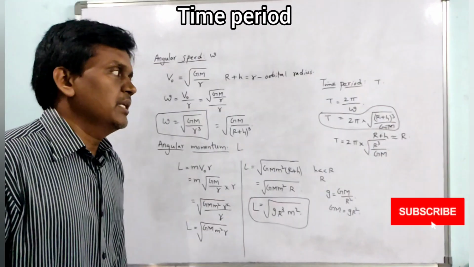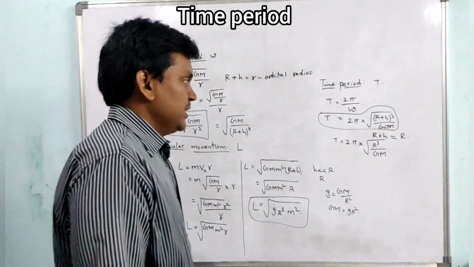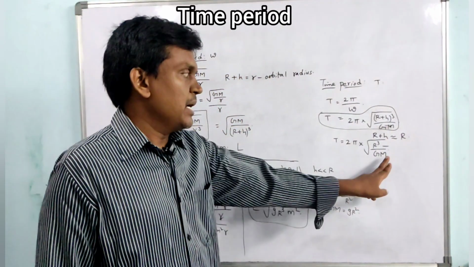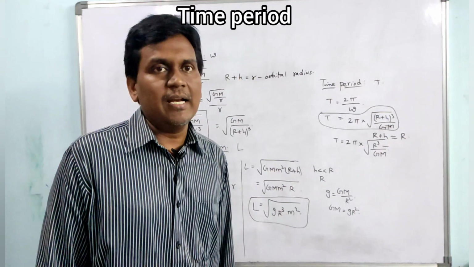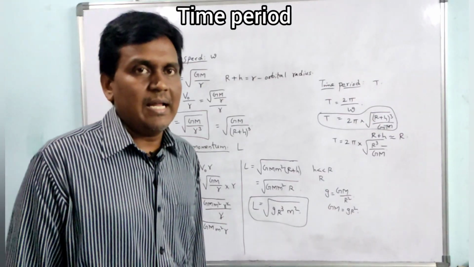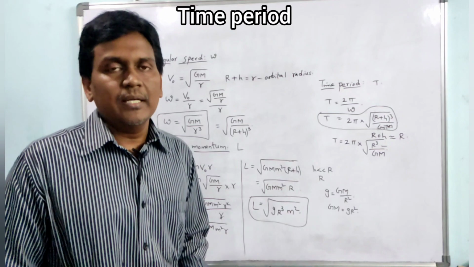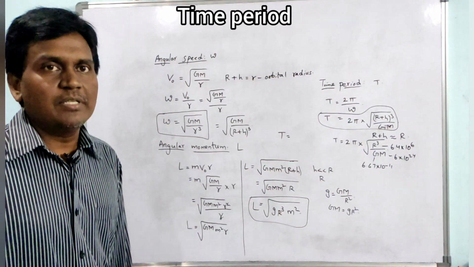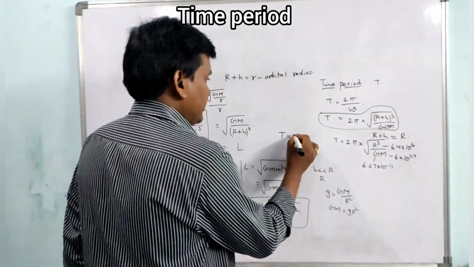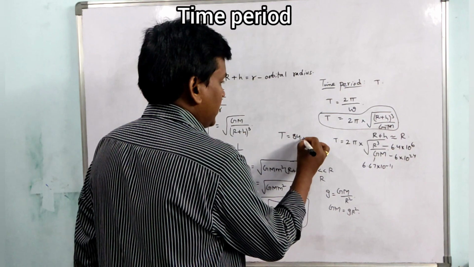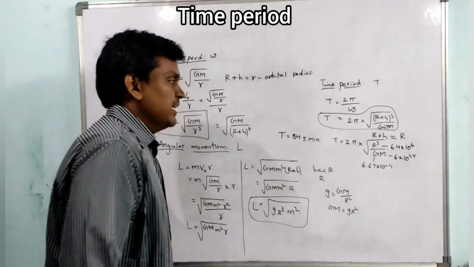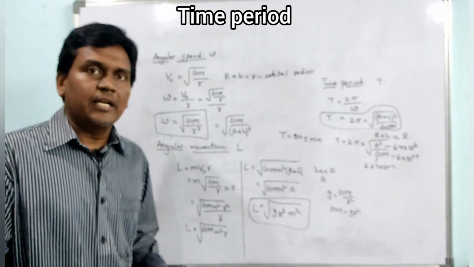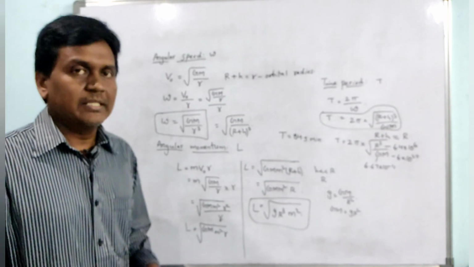So like that we can find out the time period of a satellite. These values are known values. We know the radius of the earth, the mass of the earth, and the capital G value also. By placing all these values, we can get the time period. The time period of a satellite at minimum height is some 84.5 minutes. So in 84.5 minutes, the satellite will complete its revolution around the earth.